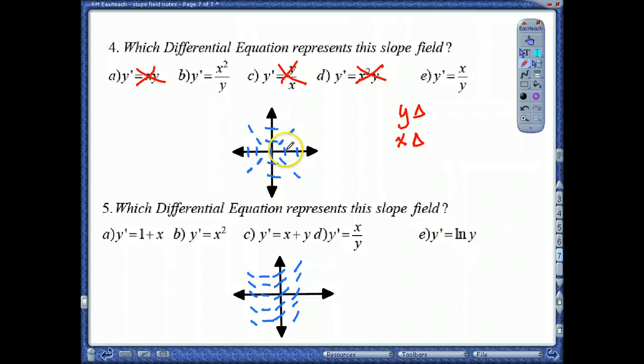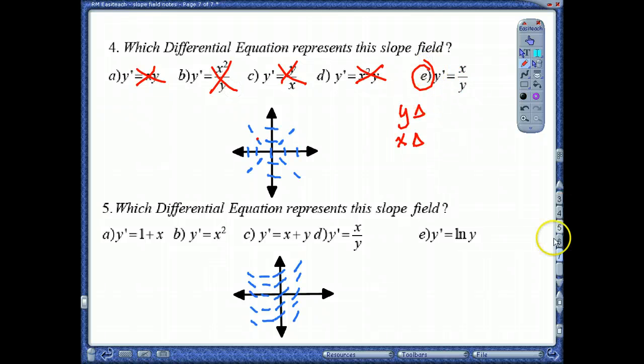So when x is 1, y is 1, that should have a positive slope, and it does. Over here, x is negative, y is positive, that has a negative slope. Ooh, if I had x squared, that negative 1 would be squared, which means that would be a positive slope. That is not a positive slope. So thank you for playing.